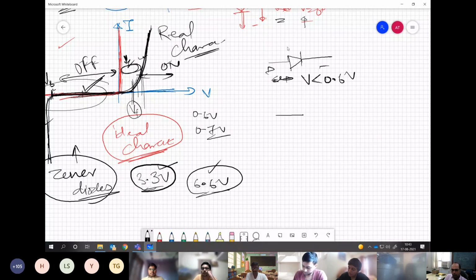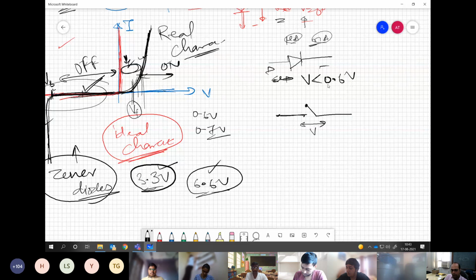Apart from some very small leakage currents, maybe microampere or nanoampere currents flowing through this, which can be ignored many a time, the diode can be seen as a perfectly open circuit, which can take a good amount of voltage across it. Anything less than this, up to the V barrier or V breakdown.